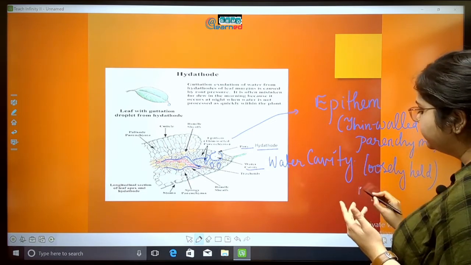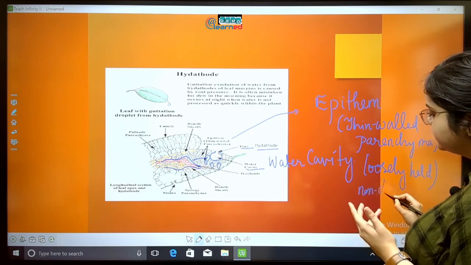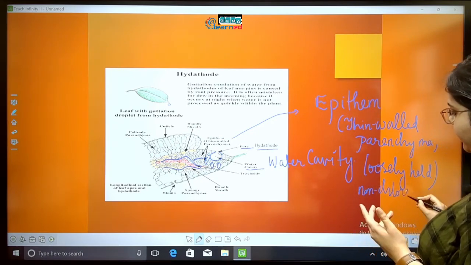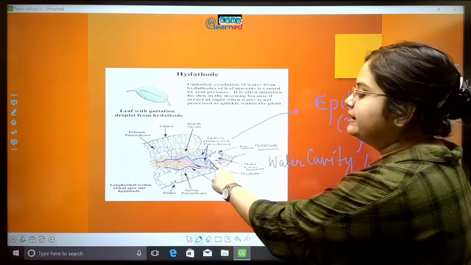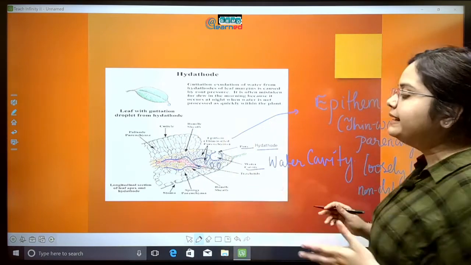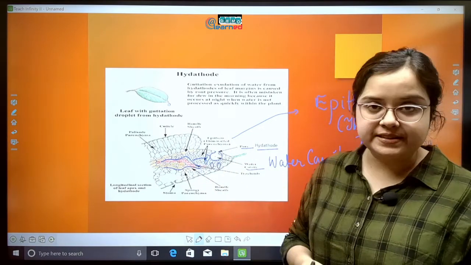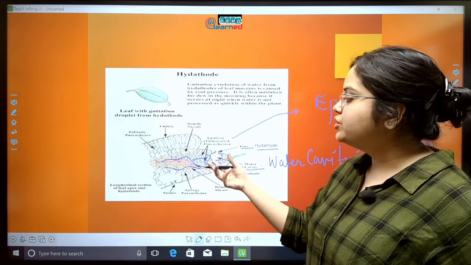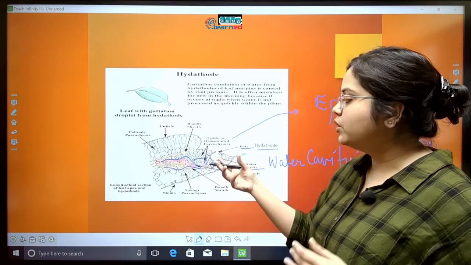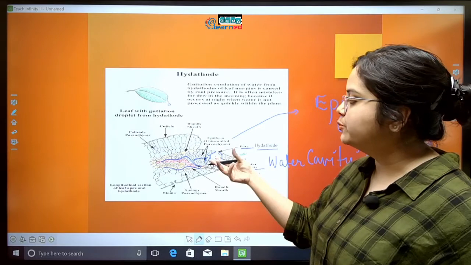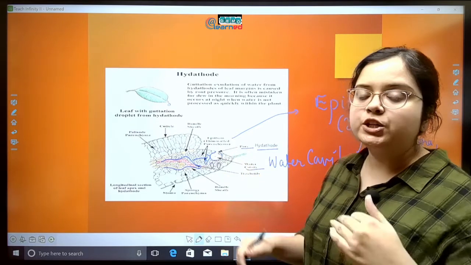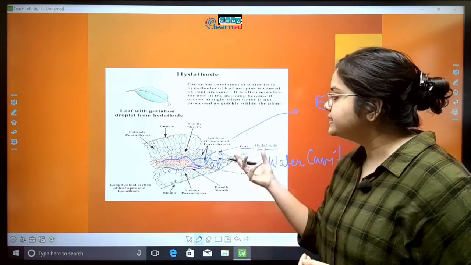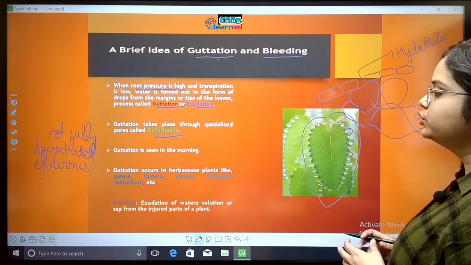They do not have chlorophyll. They flank the blindly ending tracheids or xylem vessels, and the water droplets diffuse through, or by cell to cell osmosis move into the water cavity to be thrown outside through the hydathode.